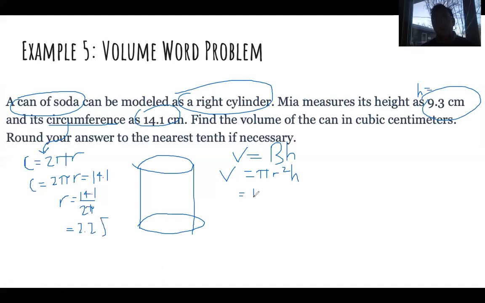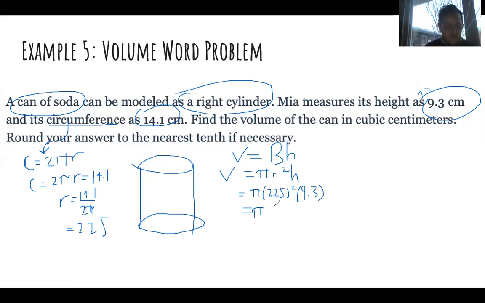So I'm going to write pi times 2.25 squared. And then my height is just going to be 9.3. So I'm going to enter that in my calculator.